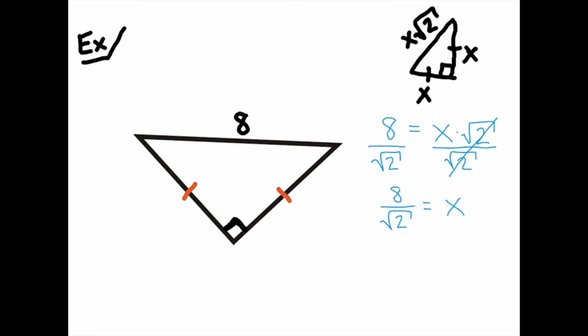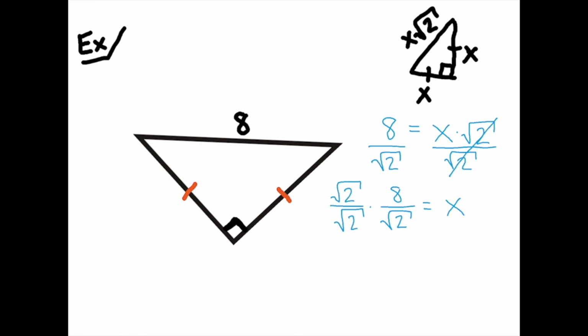But we've talked about this before, you can't have a square root in the bottom of your fraction. So we need to rationalize the denominator. In other words, we need to make it so there's no square root in the bottom. In order to do that, I'm going to multiply the top and the bottom by root 2.